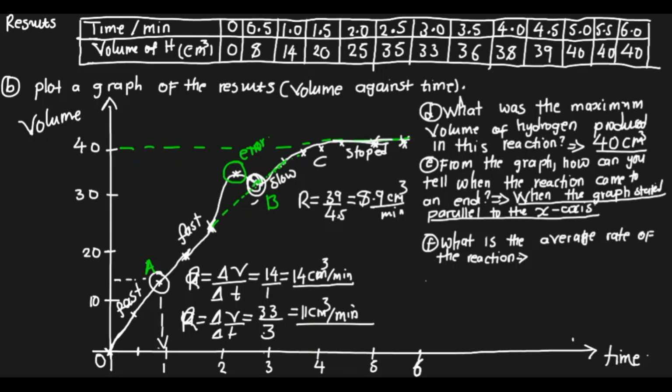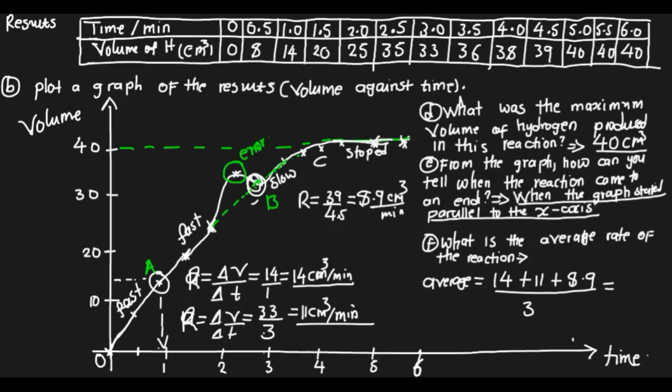Now for the average, we are going to add these three here. Average is like the mean. So 14 plus 11 plus 8.9, over 3.